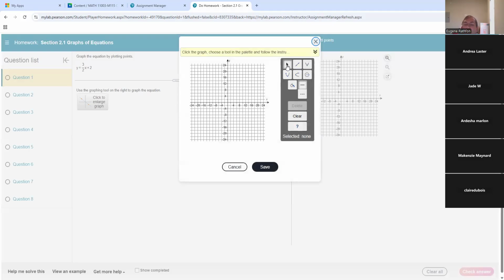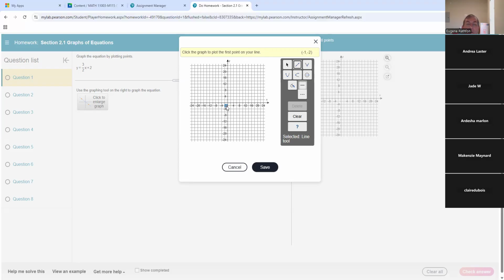Over here, the second tool on the top, it's got 2 dots on a straight line. You'll click that, and then you're going to plot the 2 points. So my first point was a 0, -3. So y'all always start in the center. Now look in that little yellow band up there. That little yellow band, as I move the cursor, it changes the numbers up there for us, okay?